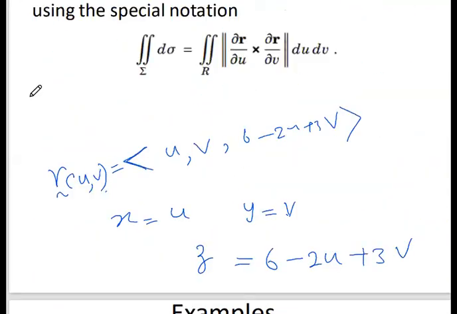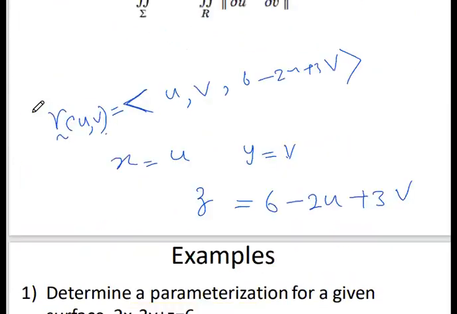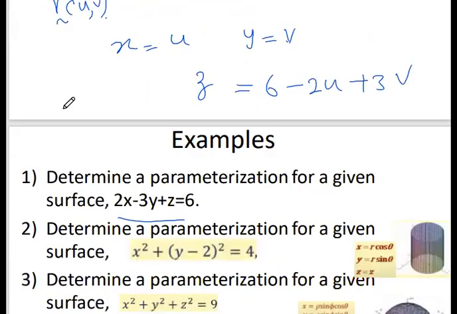So I will... how to do that? I need space here. Yep. So x squared plus (y minus 2) squared.